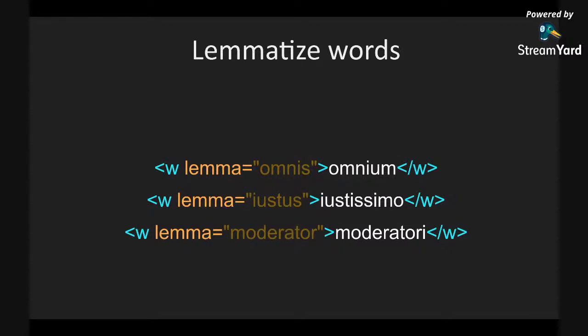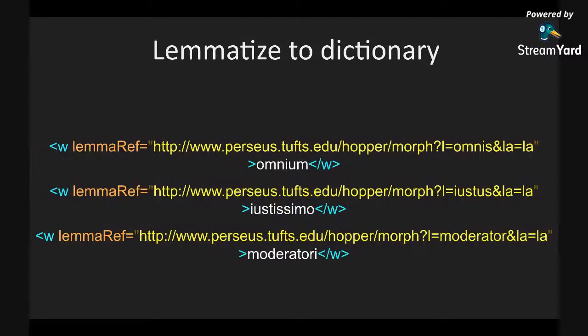It is possible, although I have to say I've never seen anybody do it, to use an internal or external authority list of word forms, in other words, a dictionary, to lemmatize the text. So you could do something like this. There's an attribute lemmaRef, which rather than taking a string of characters, takes a pointer to an online dictionary of some kind.